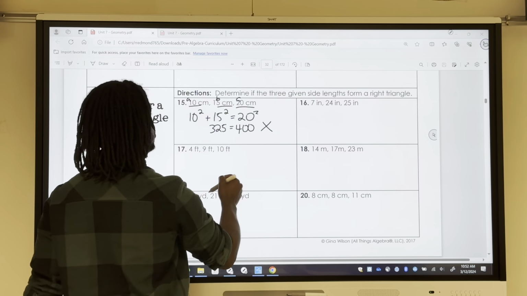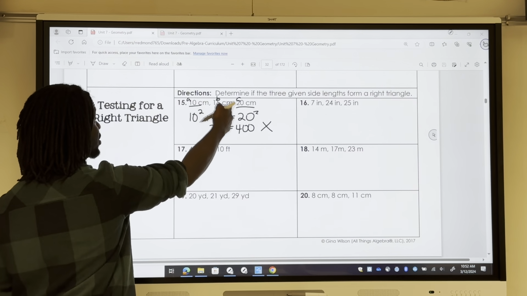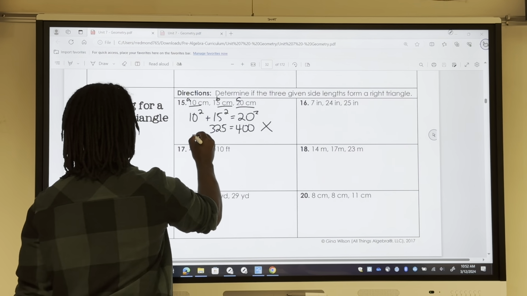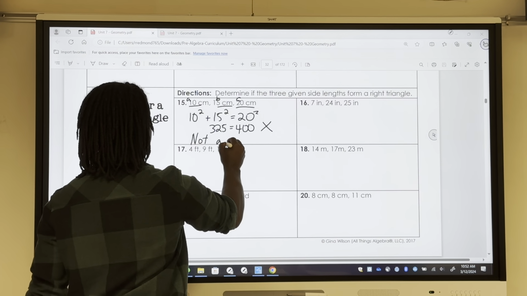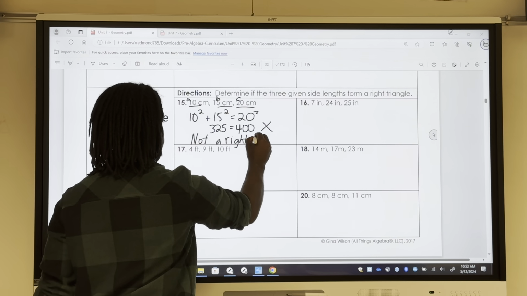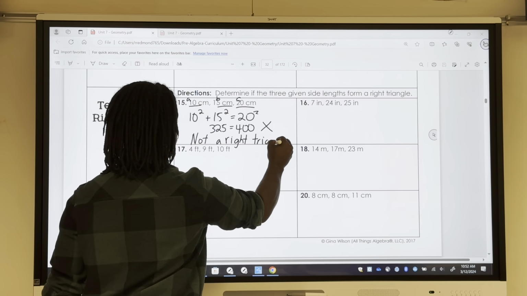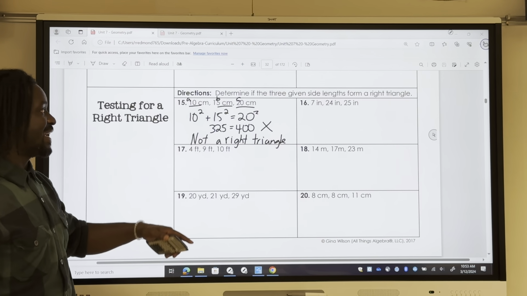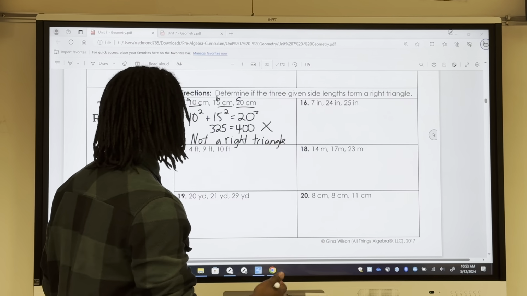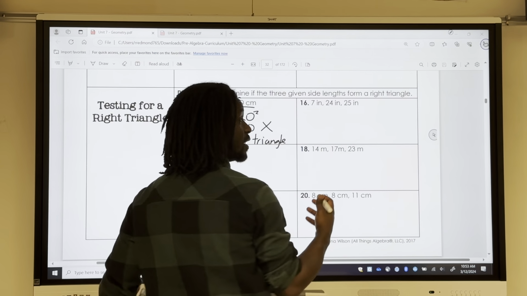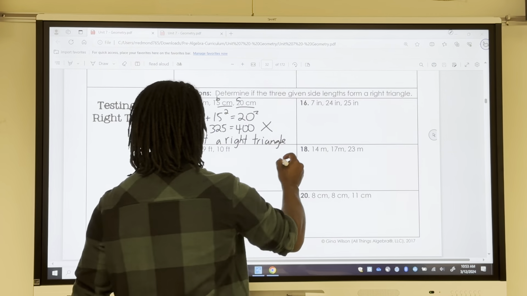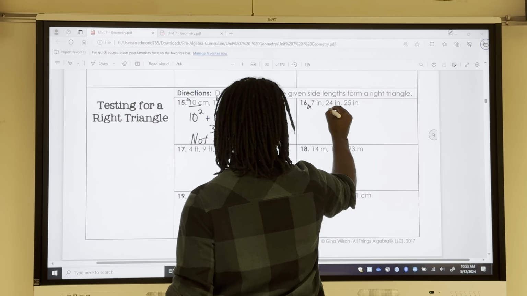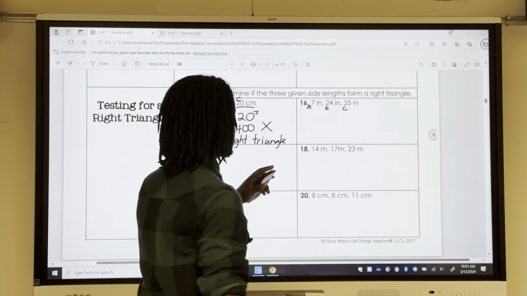Because that is wrong, that means this triangle would not be a right triangle. Okay? So, again, you're just using these sides and figuring out if it passes the Pythagorean theorem test, okay? So this one's A, this one's B, this one's C, all right?